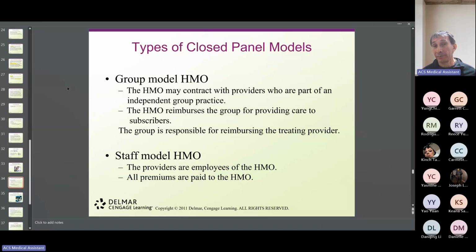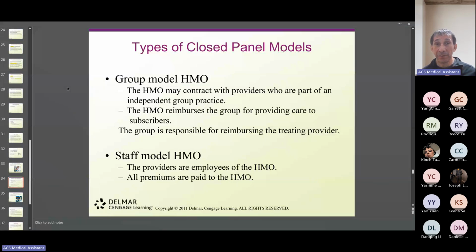So I'm an employee. When you work, wherever you work, you are in a closed panel model, so to speak, because you get paid by your employer, not by the person you render the services to.